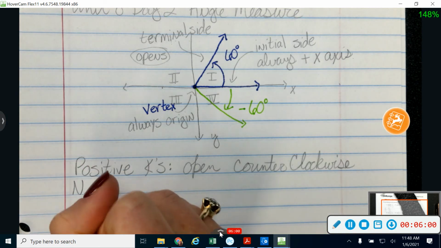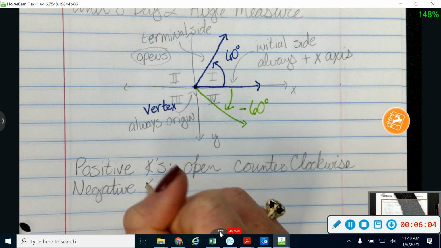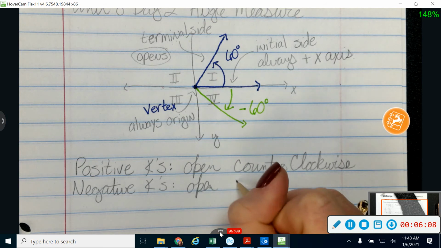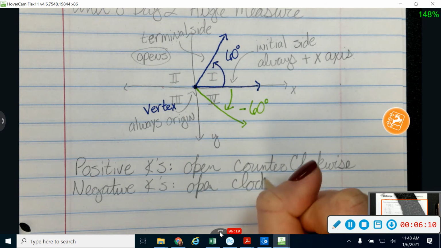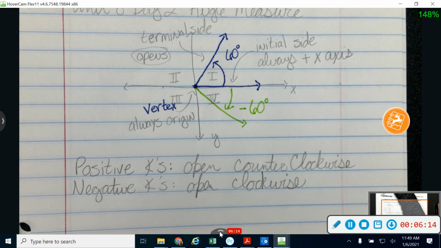Negative angles open clockwise. Depending on which direction your terminal side went, that's how you know if your angle is positive or negative. Okay, any questions so far?